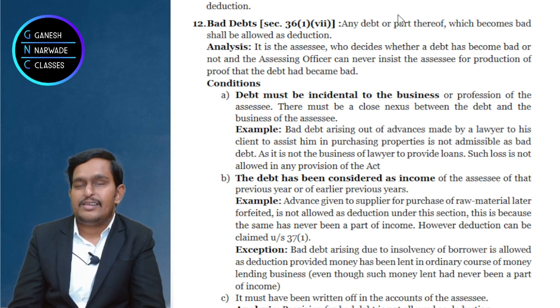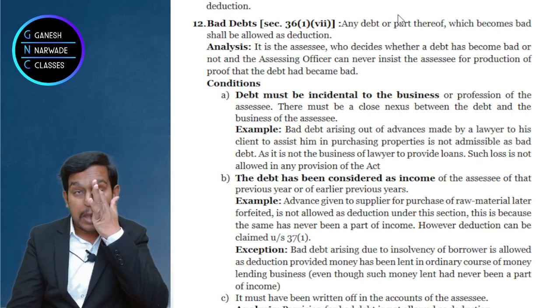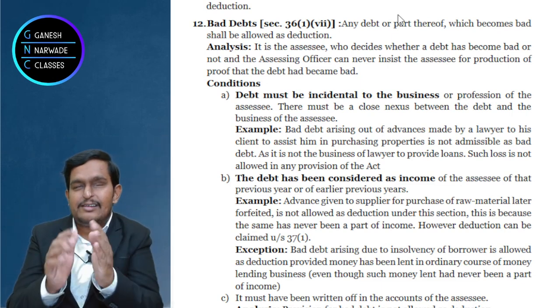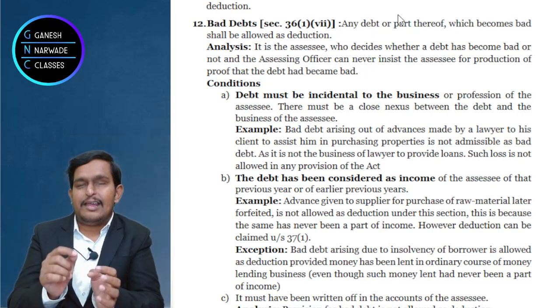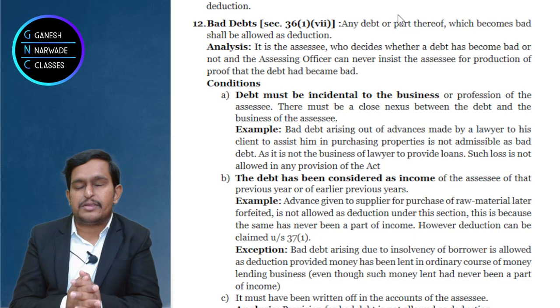Now, is it right as per income tax? Can it be considered as bad debts? The answer to this is with these 5 conditions. First thing, was there any debt? Did you give any debt in relation to your business, in the course of your business, in the furtherance of your business?